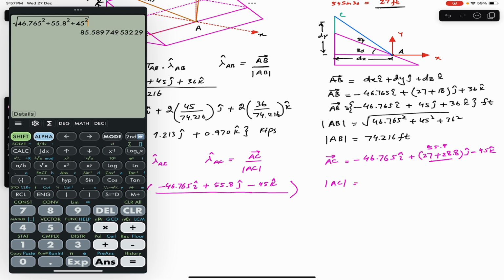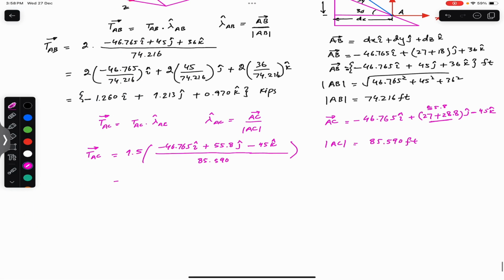So this gives me 85.589, or we can say 85.590 feet. So the magnitude is 85.590 feet.